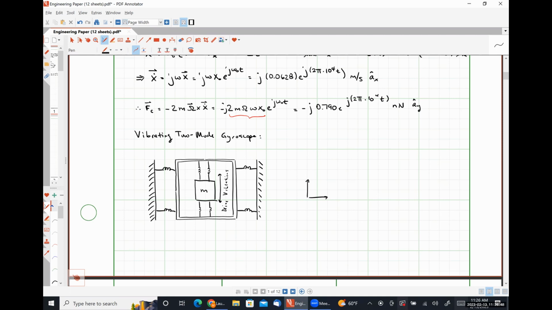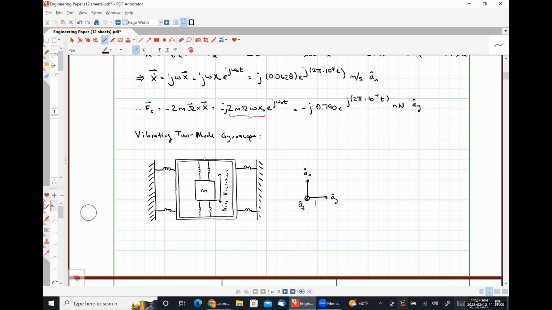So let's call this direction the X direction, this direction the Y direction, and into the board the Z direction.